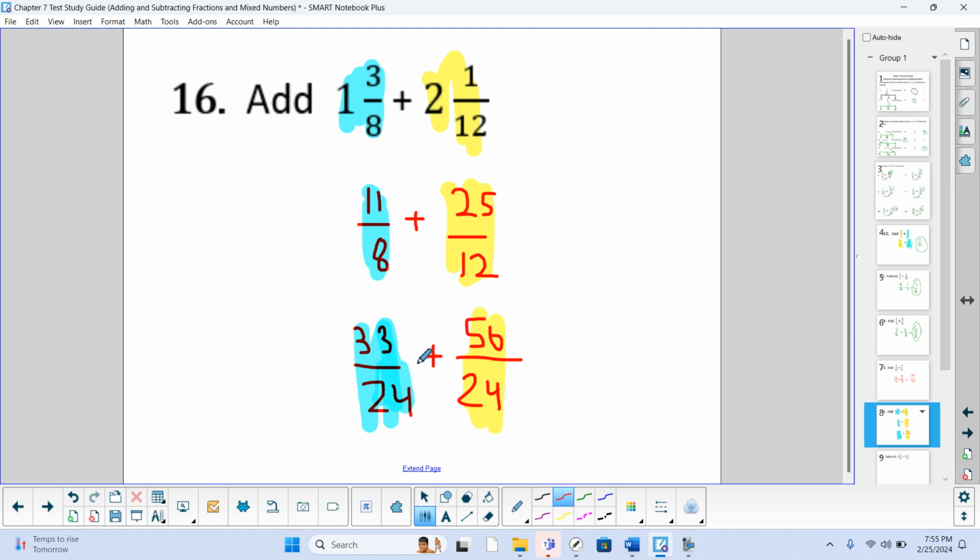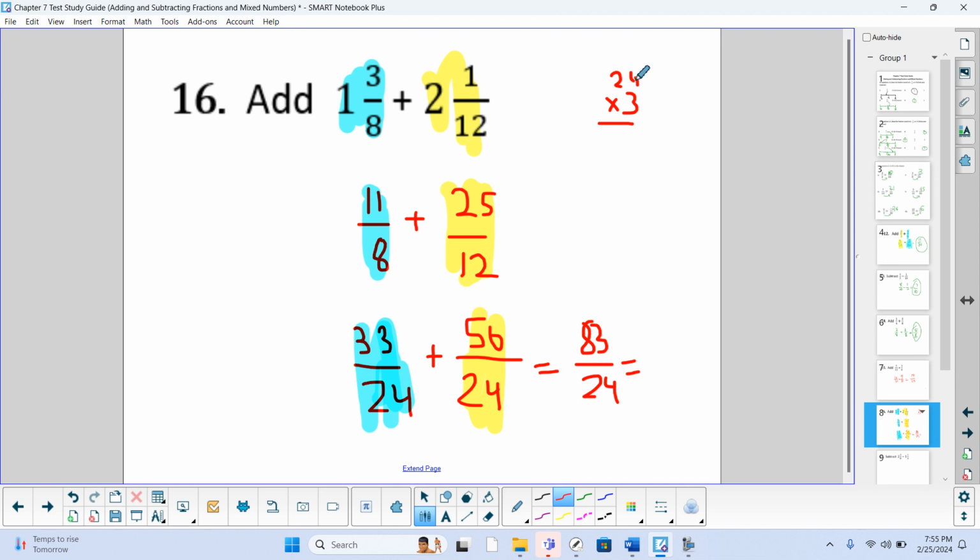So when I add these up, I'm going to get 83 over 24. And to help me make that a mixed number, I have to figure out how many times 24 goes into 83. Well, I know that 3 times 24 is 72, but let's make sure of that.